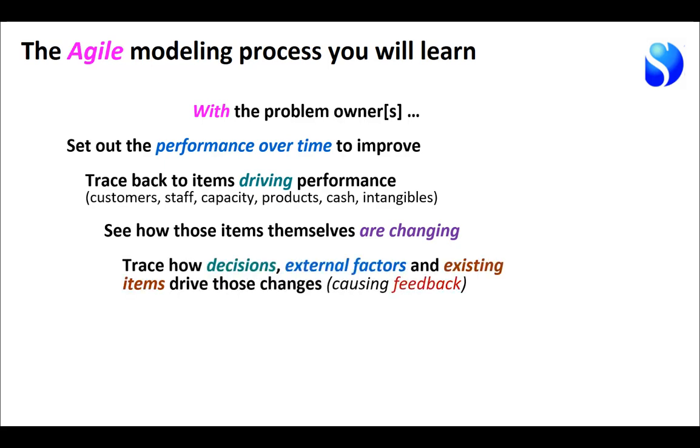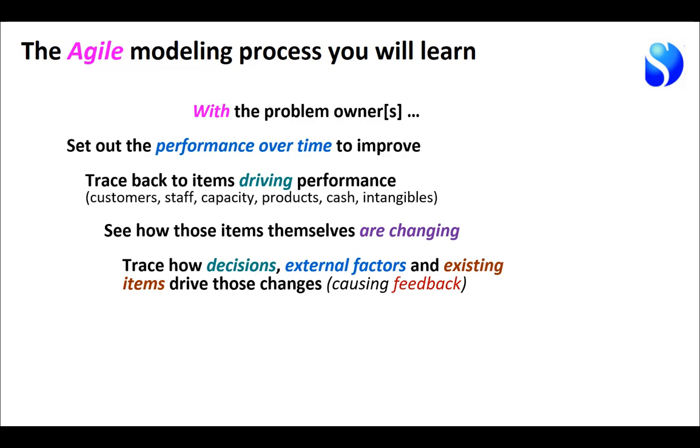What we then look at is how decisions that you take, or external factors in the market in which you're operating, or the existing items in the system are driving those changes. So are you winning more customers because the market's growing? Are you winning it because you've come up with a cracking good marketing investment that you've made?